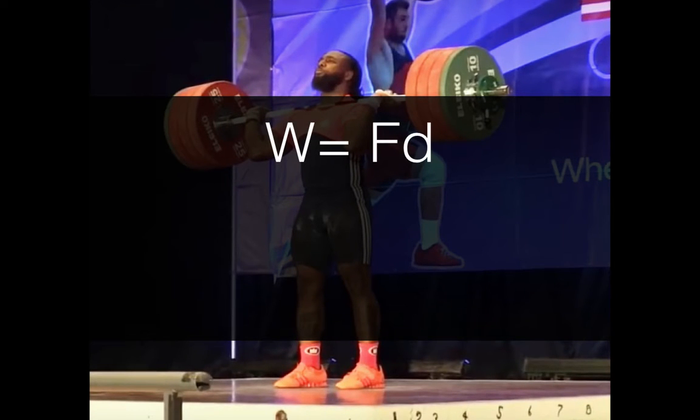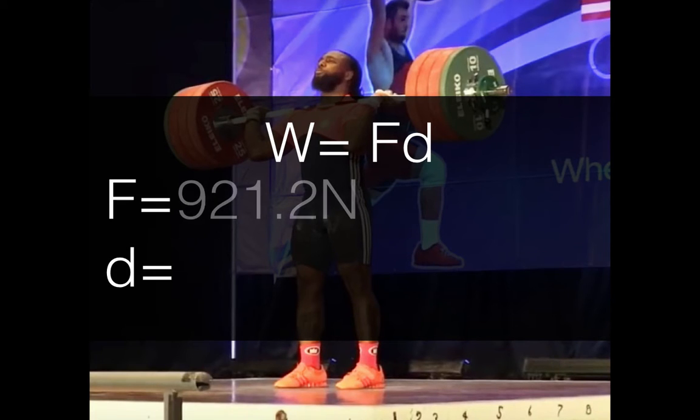So let's use our equation here. Work equals force times distance. And we found the force of the object using our weight. So we have force and distance. Those are the two quantities that we need to find. And force we found, again, via our weight equation, which is mass times gravity, is 921.2 newtons. And our distance, let's just assume that our distance was 3 meters.